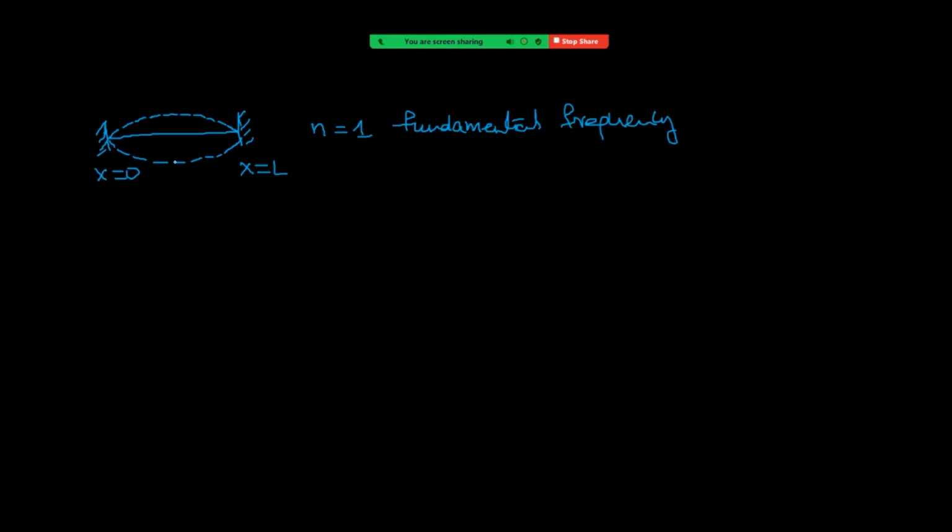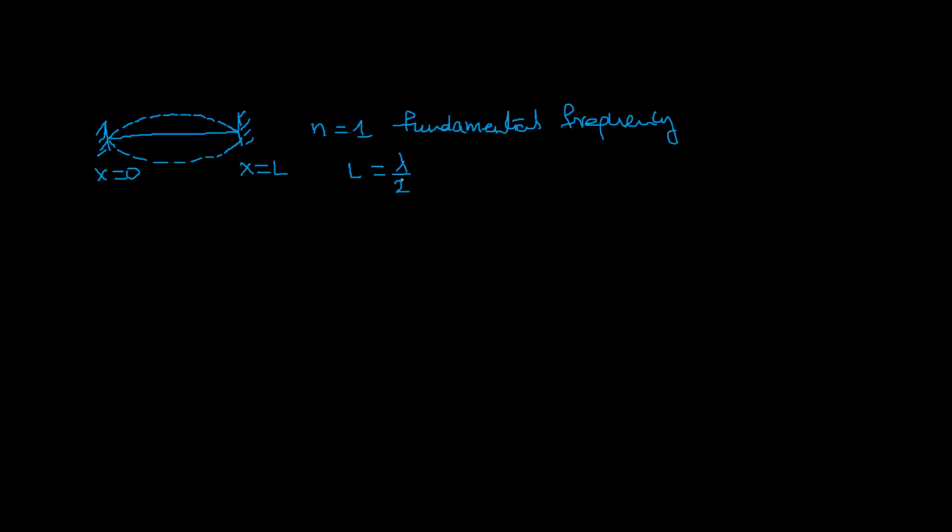In this one loop, these two correspond to nodes. Between successive nodes, the separation is lambda by 2. That means we can write L equal to lambda by 2. So if you have only one loop, that is called fundamental mode or first harmonic.